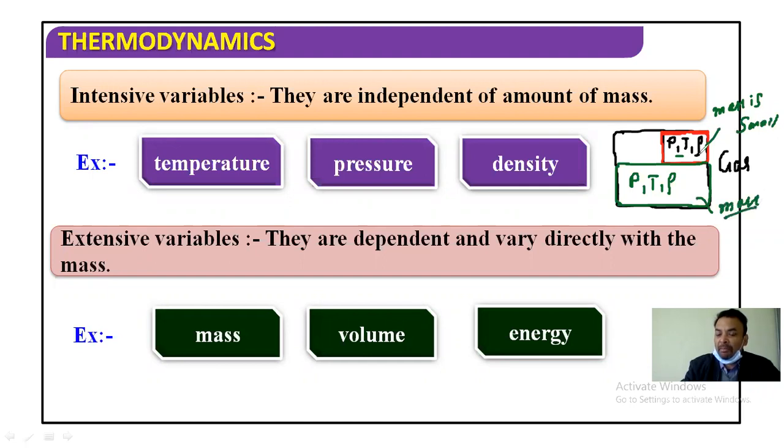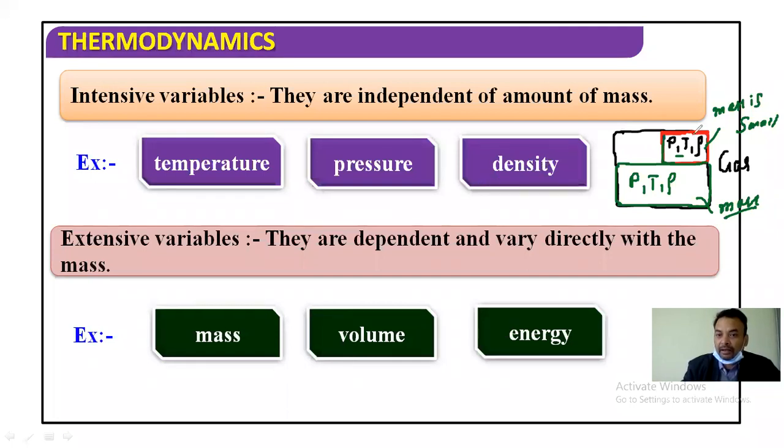So by changing the mass, means by changing the area, the volume occupied by the gas, if temperature, pressure and density are not changing, then they are called intensive variables.